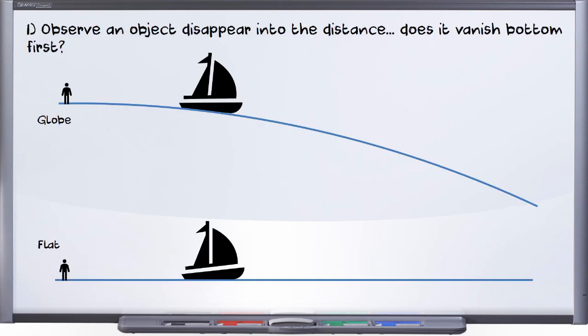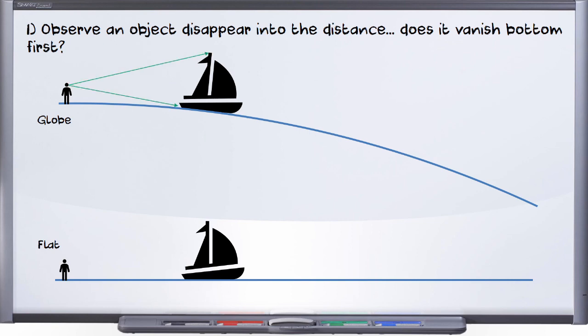For the first of my suggested experiments, let's start with what is probably the most obvious. We're told that sailors thousands of years ago discovered that as an object went into the distance, it would disappear, and it would disappear from the bottom up.